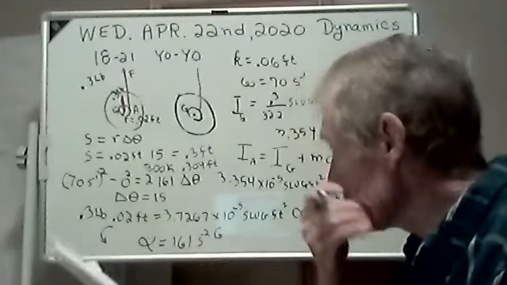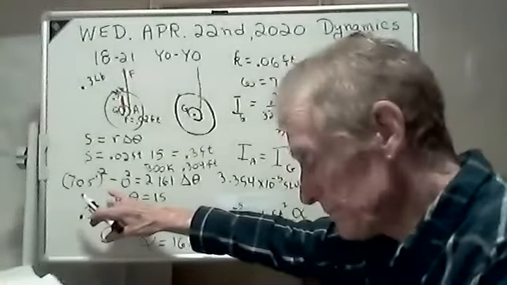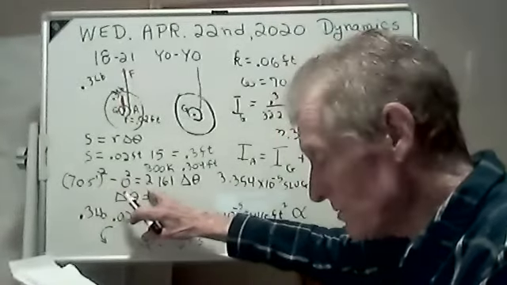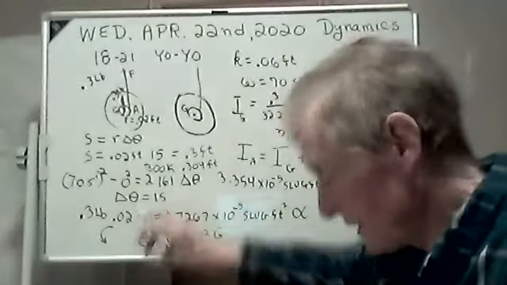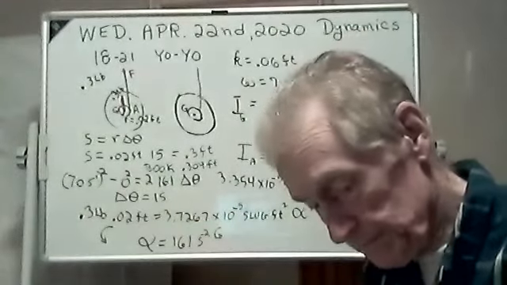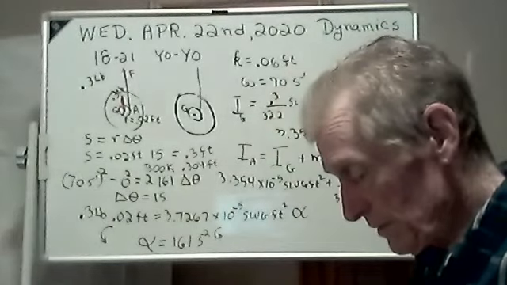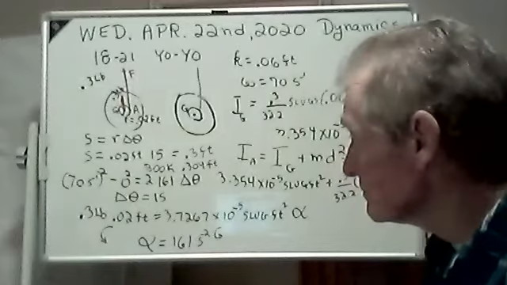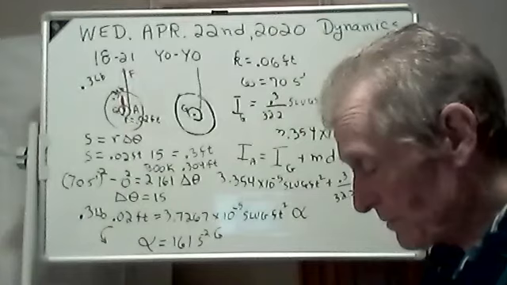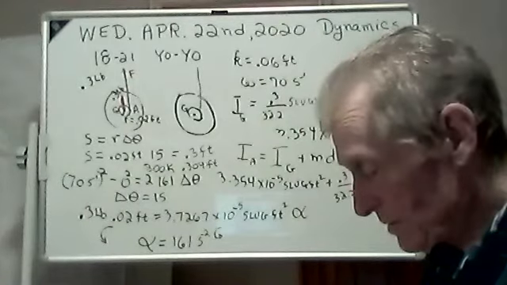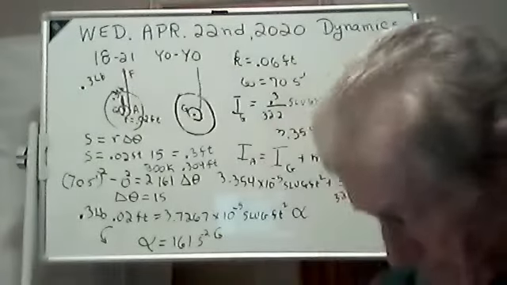When I did this before, if you take 70 squared equals 2 times 161 times delta theta, let me do that again. I must have made a mistake there. Okay, here goes. 70 squared. Oh, there's my phone. What do these people want? Divide by 2, divide by 161. It's 15.217.